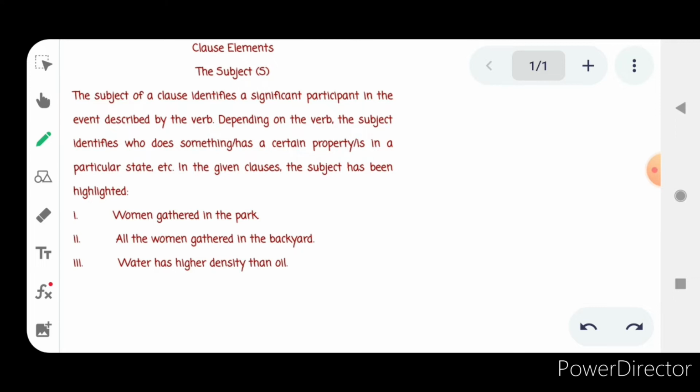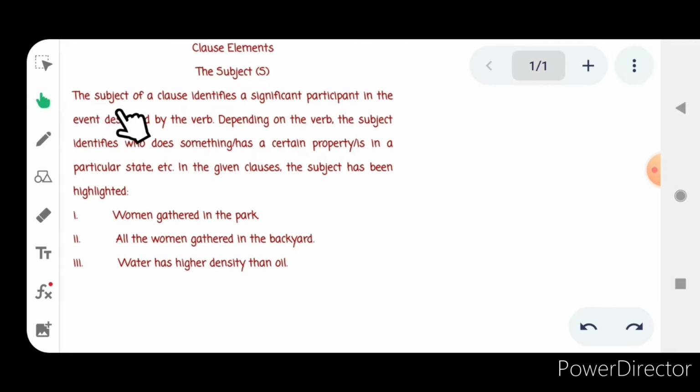But this is considered here as a clause element. We earlier called it a noun. Okay, we called it a proper noun or some other noun. But in a sentence, a subject is that thing which in coordination with the verb functions or defines or gives some particular meaning.